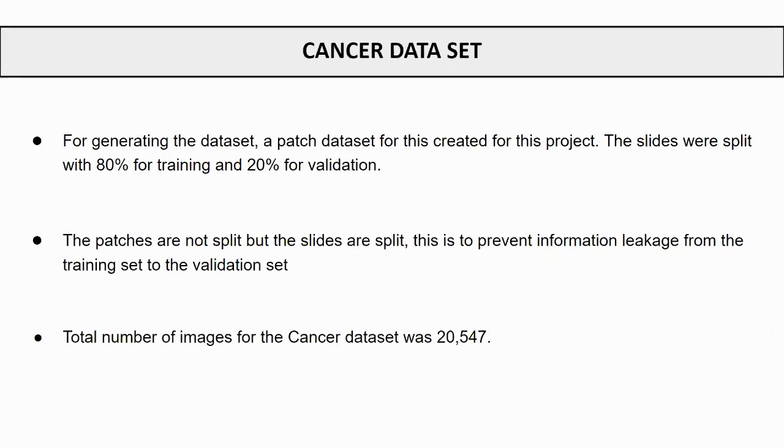The slides were basically split with 80% for training and 20% for validation. The patches were not split, the slides were split. And why was this done? This was basically done in order to prevent any leakage of information from the training set to the validation set.